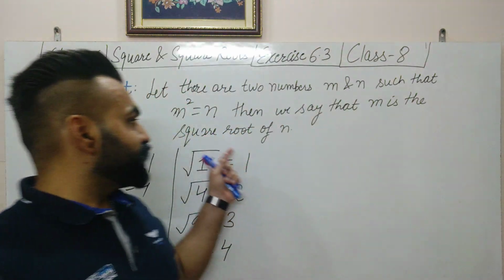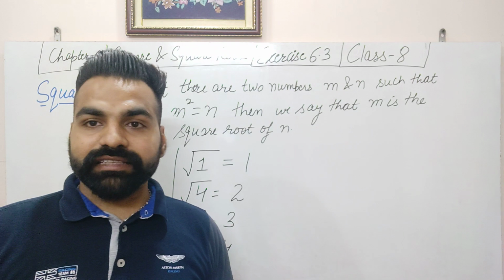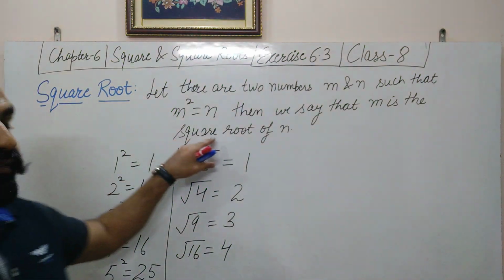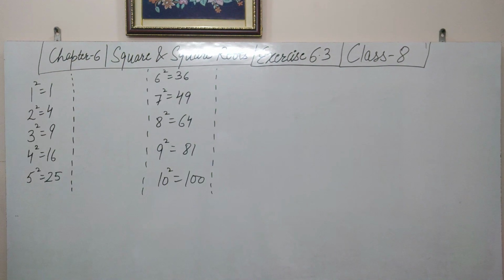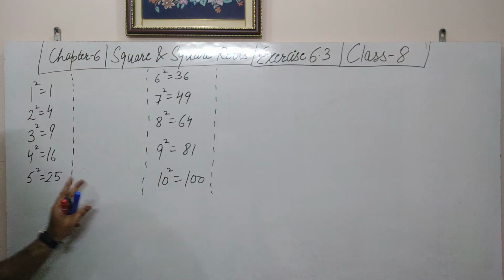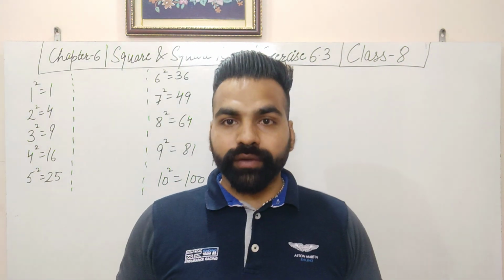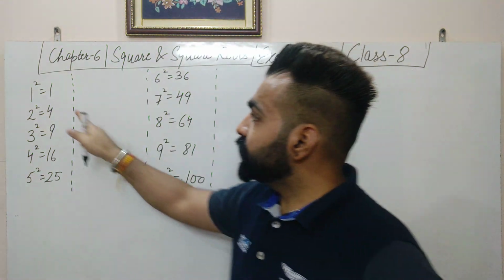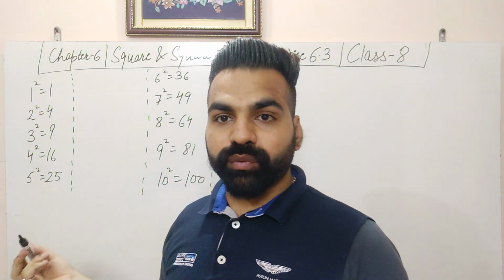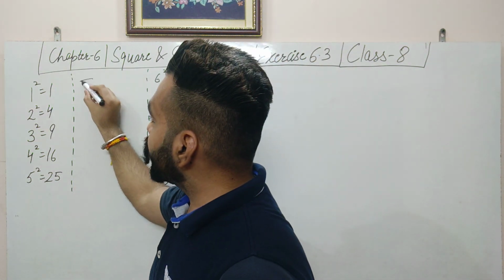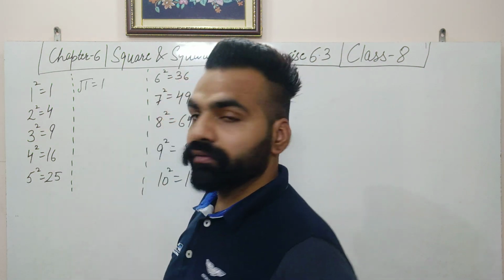So let us study some properties by taking examples. First write this definition and these examples. So we have studied about the squares, how to calculate the squares of any number. Here we can see that 1 square is equal to 1. So in the form of square root, how will we write? Square root of 1 is equal to 1.